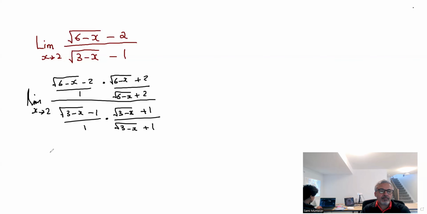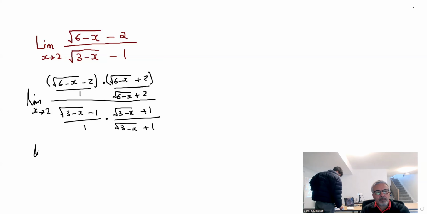Now, when we FOIL the top here, you know the drill: you multiply the first by the first, and then the second by the second, and the stuff in the middle is going to cancel because it's the difference of 2 squares. So therefore, you're going to end up with the top limit as x goes to 2. The top is going to be 6 - x - 4.